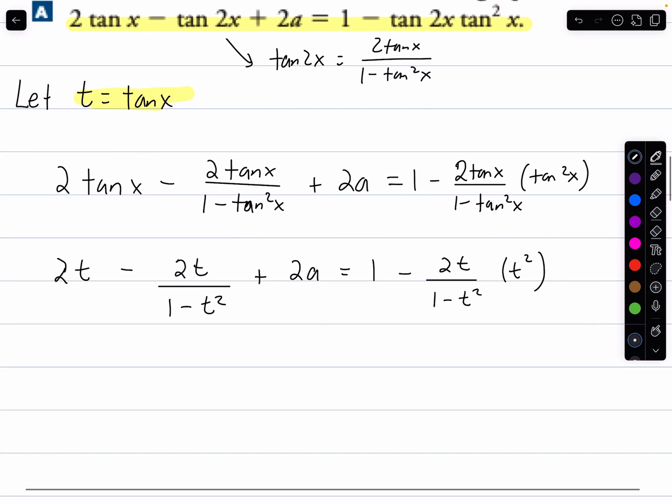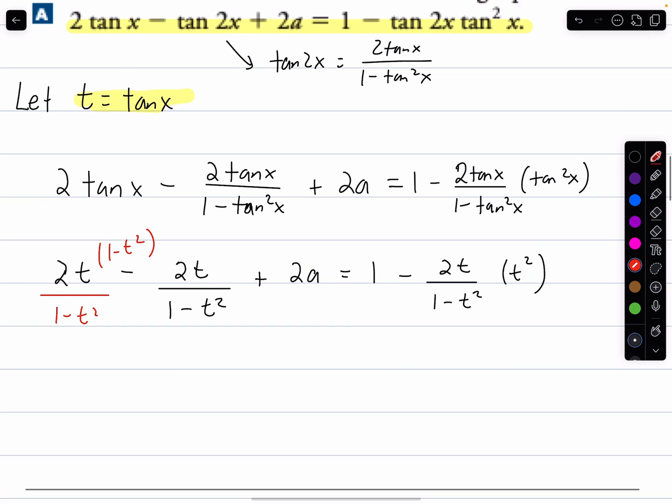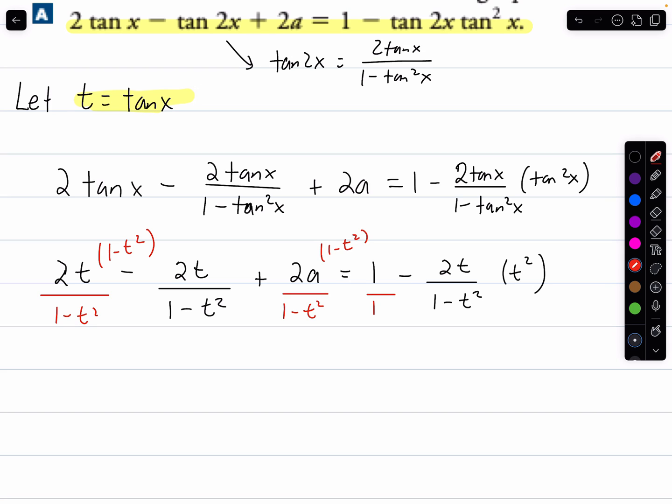So now that everything's in terms of t's instead of tans, I'm going to simplify this equation a little bit more. So the 1 minus t squared, I'm going to take this and multiply by 1 minus t squared. Whatever I do to the bottom, I have to do to the top because we're getting a common denominator. And in the same way, I'm going to do that over here as well, and for this one too. Okay, now let's clean this up a little.